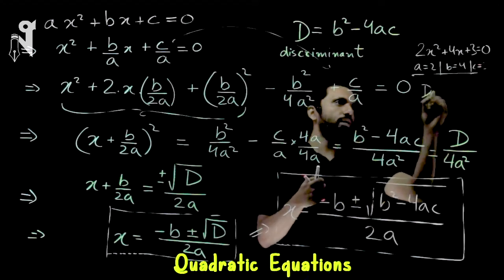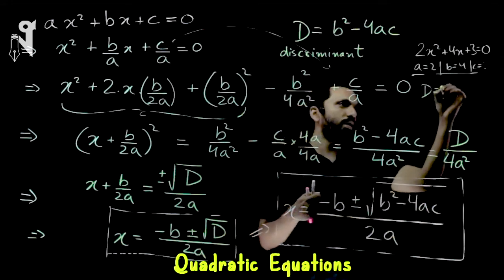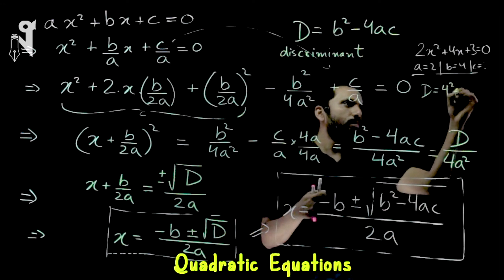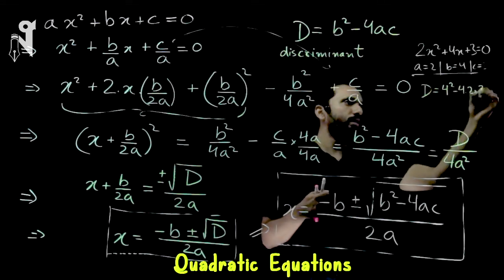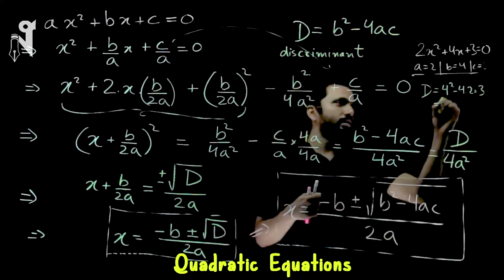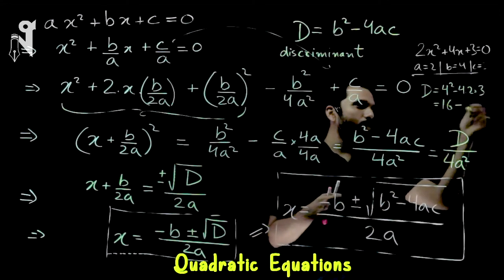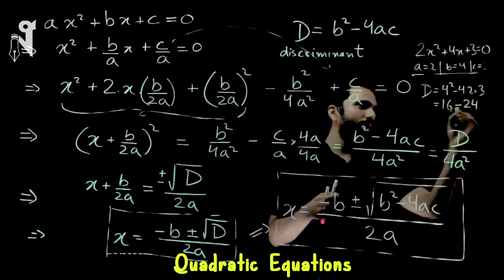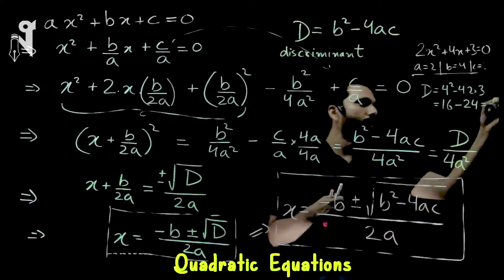What's my D over here? My D is b square minus 4ac. b square is 4 square minus 4 into a, which is 2, into c, which is 3. So that is 16 minus 4 into 2 is 8 into 3 is 24, which lands up as a negative number. It is minus 8.